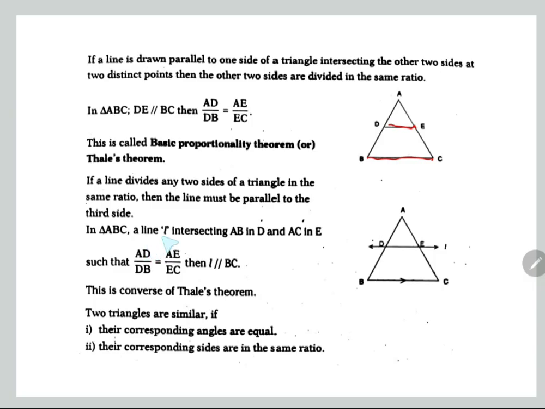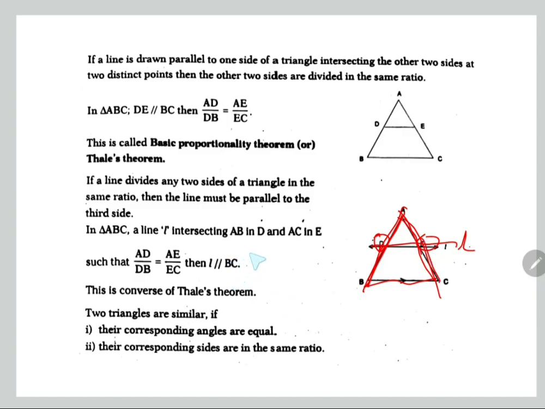In triangle ABC, a line L intersecting AB at D and AC at E, such that AD by DB is equal to AE by EC.